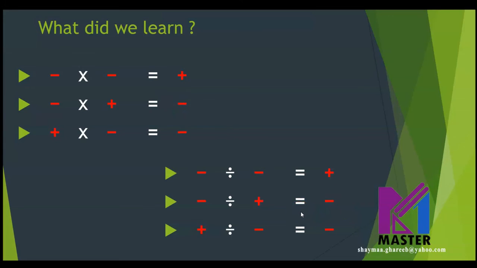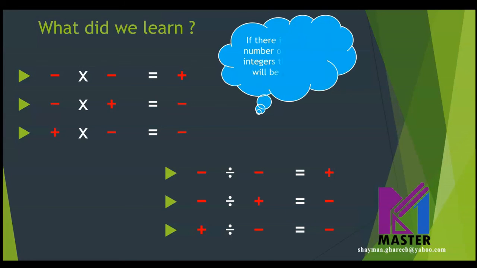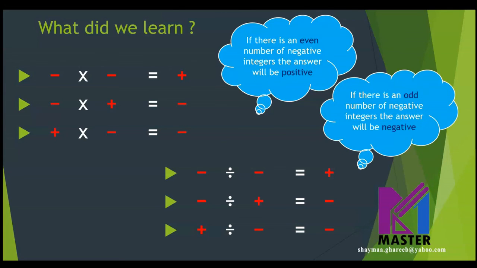Is this clear? And we also said in multiplication, if there is an even number of negative integers, the answer is always a positive number. And if there is an odd number of negative integers, the answer will always be a negative number.